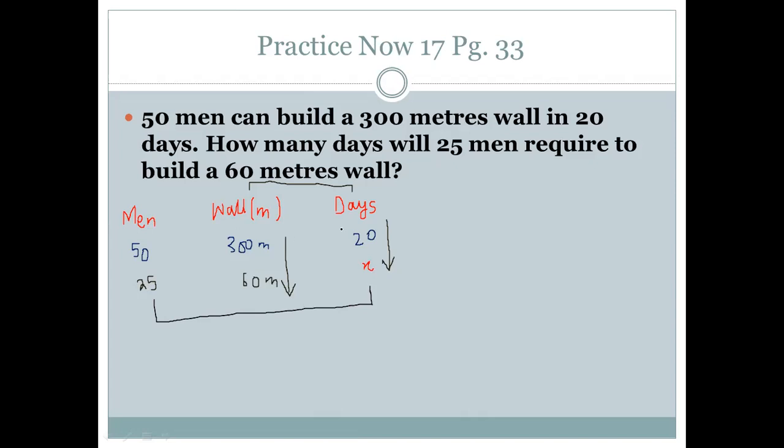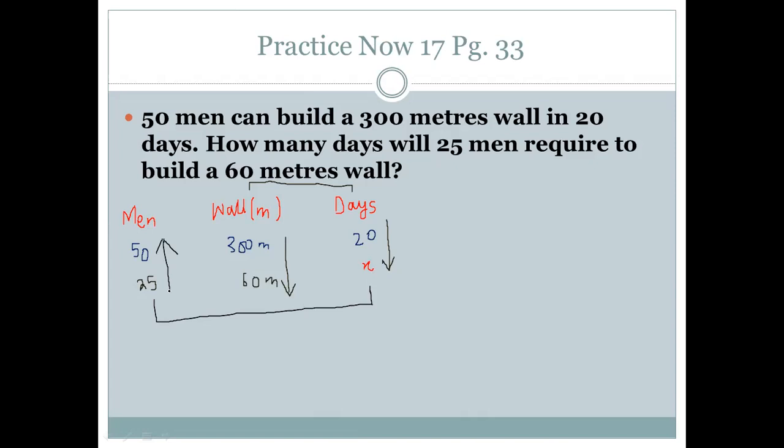In how many days can they make it? Hopefully, 25 men will require more than 20 days. So it means that this relationship is not direct. This is indirect, inverse relation. So this 50 will get the arrowhead. All right, like this.